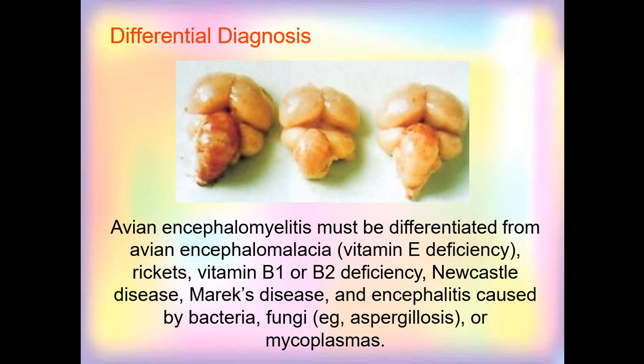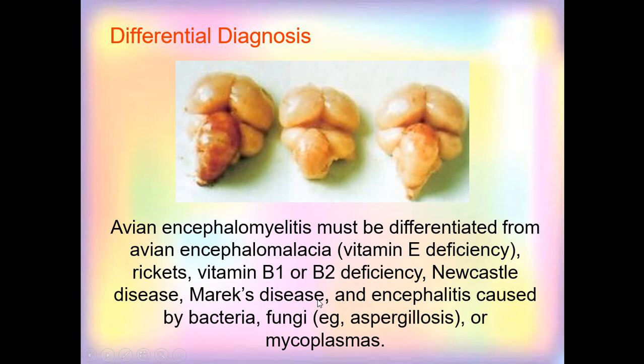In cases of avian encephalomyelitis there are hemorrhages here in the cerebellum, and sometimes it is a bit difficult to differentiate this from other forms of brain damage in young chicks, for example avian encephalomalacia due to vitamin E deficiency, Newcastle disease, or Marek's.